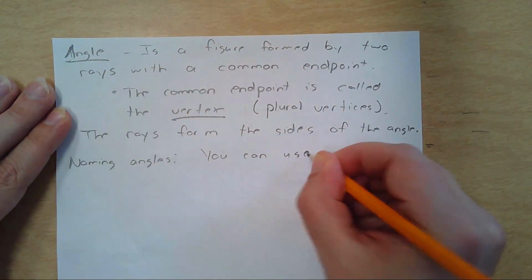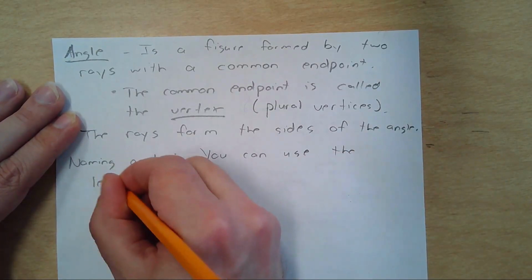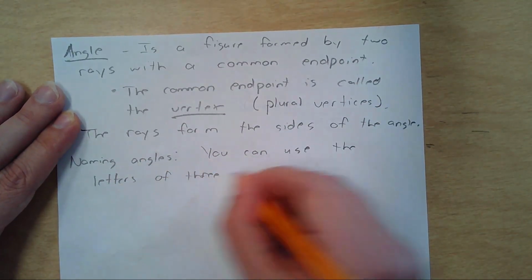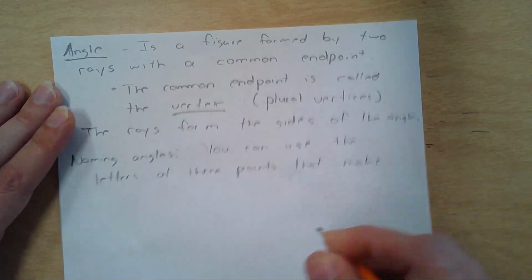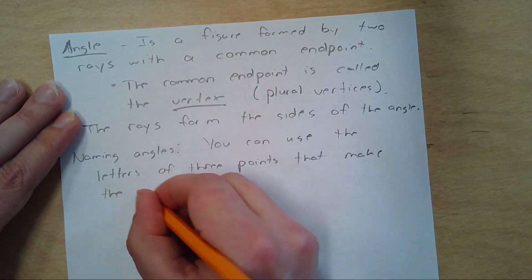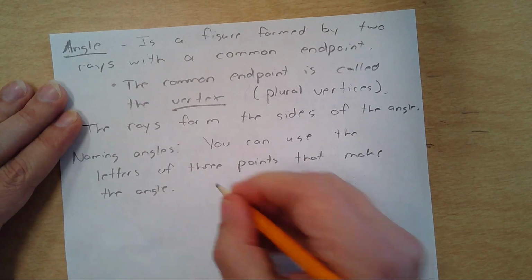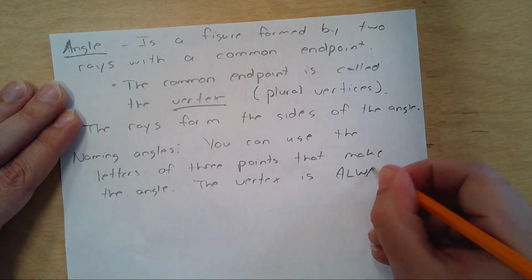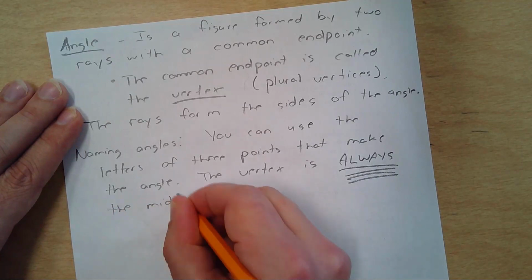You can use, and this is the most common way, the letters of three points that make the angle. The vertex is always the middle letter.